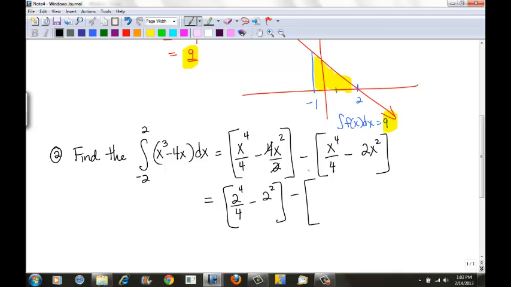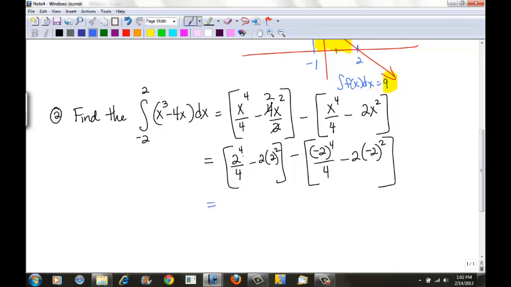And then minus, we'd have a -2 to the 4th over 4 minus, oh, wait a minute, I left out a 2. I left out a 2 right here. 2x squared, right? Does that look right? Check my arithmetic. And then that'd be -2 squared. Yeah. Okay, so let's check as we go through.